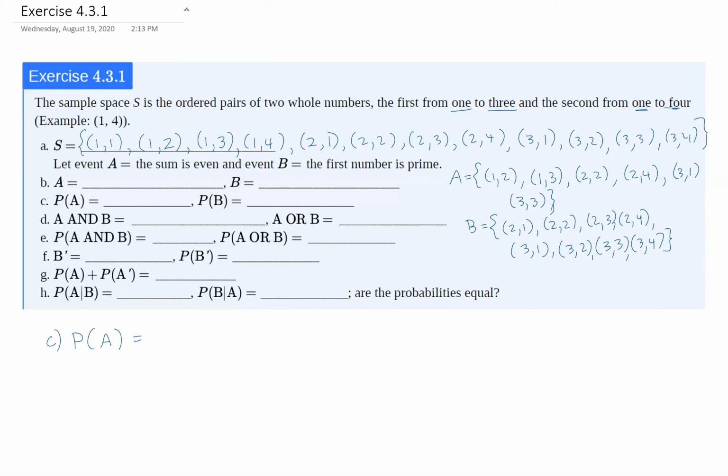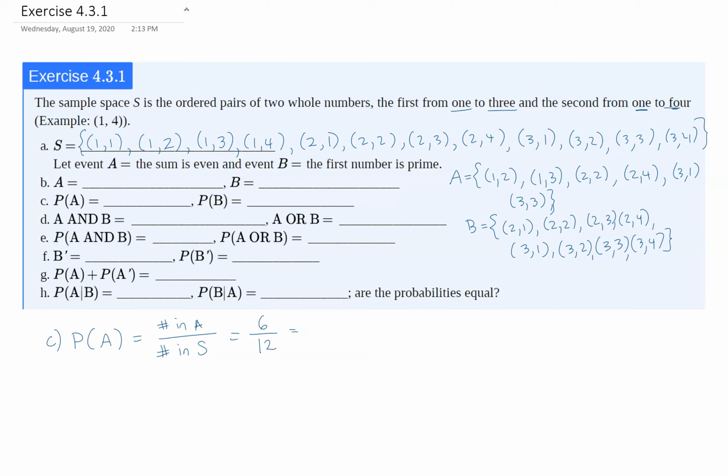And so remember from your probability definition, we're going to divide the number in A by the number in S. How many outcomes do we have in event A? 1, 2, 3, 4, 5, 6 outcomes. And then in S, 1, 2, 3, 4, 5, 6, 7, 8, 9, 10, 11, 12 outcomes in S.